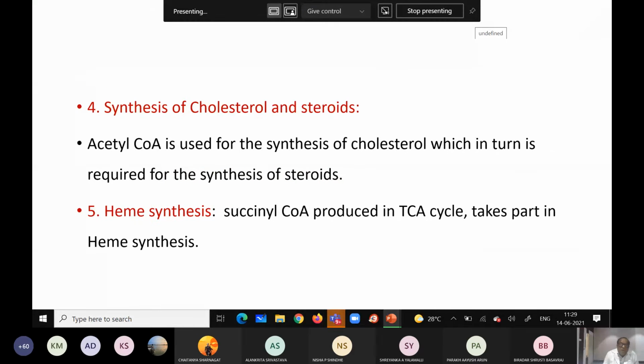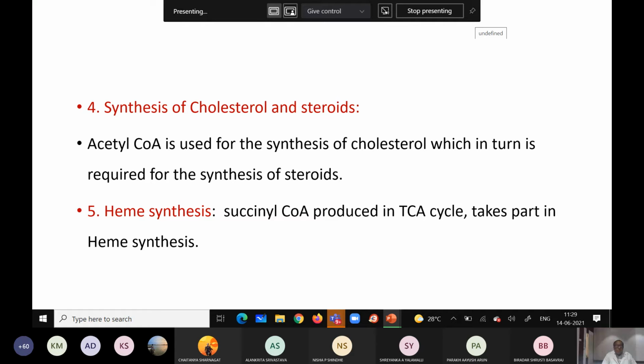And then there can be the formation of cholesterol. The starting material, acetyl CoA, will be used for the synthesis of cholesterol, which is required again for the synthesis of steroids.